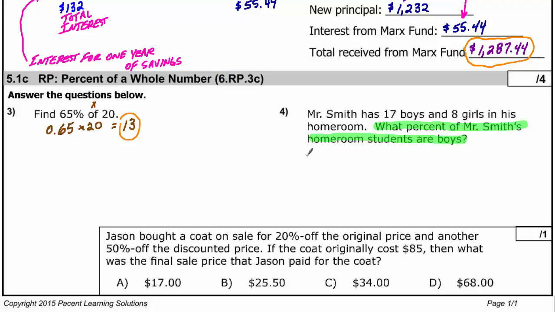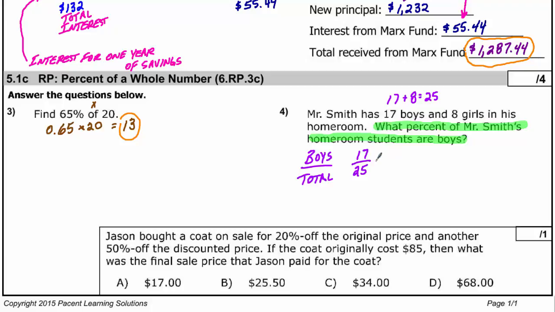It's going to be the boys over the total number of students, which in this case is 17 over 25, because we have 17 boys and 8 girls, which means we have 25 students altogether.